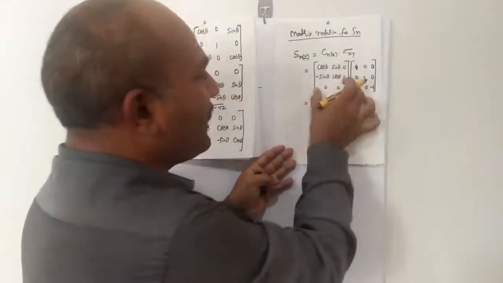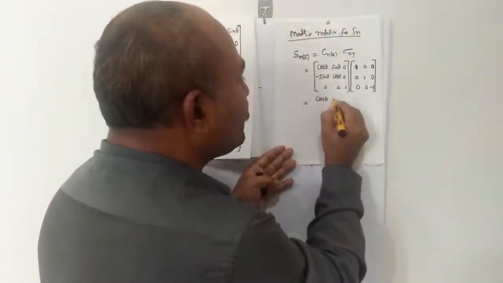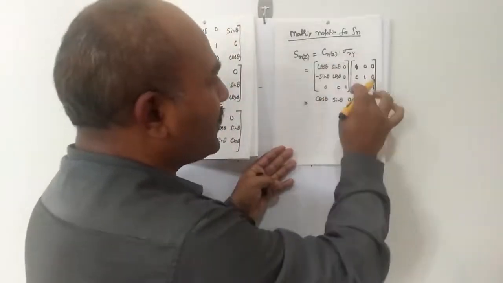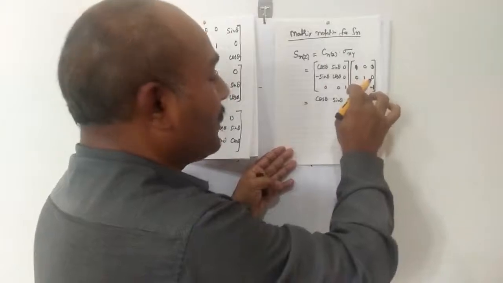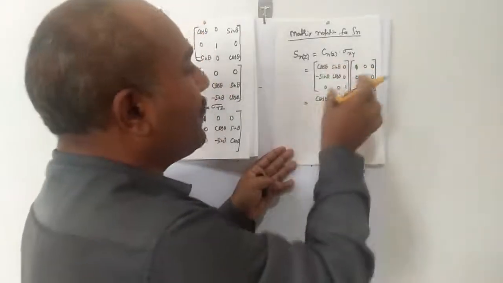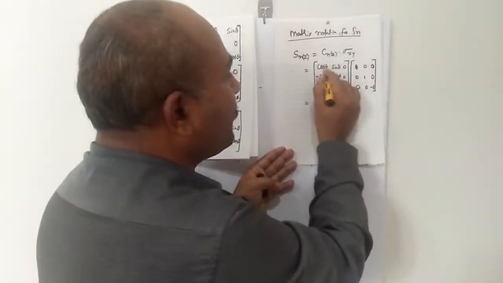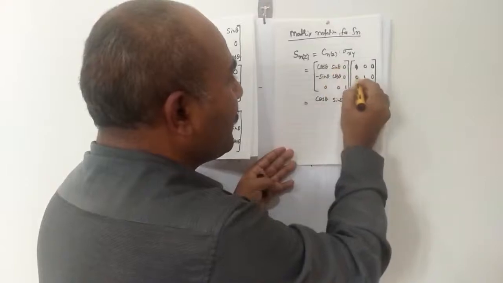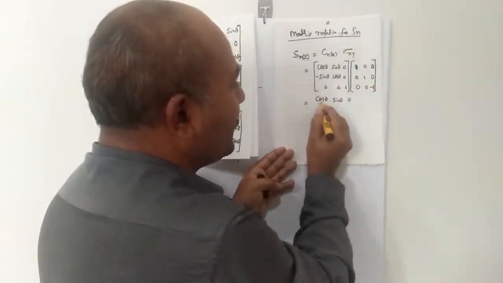Multiply this matrix with this, the value will be cos theta, sin theta, 0, because the first row of the first matrix and the first column of the second matrix must be multiplied. So the value will be cos theta multiplied by 1, plus sin theta into 0, plus 0 into 0. Altogether the value will be cos theta.